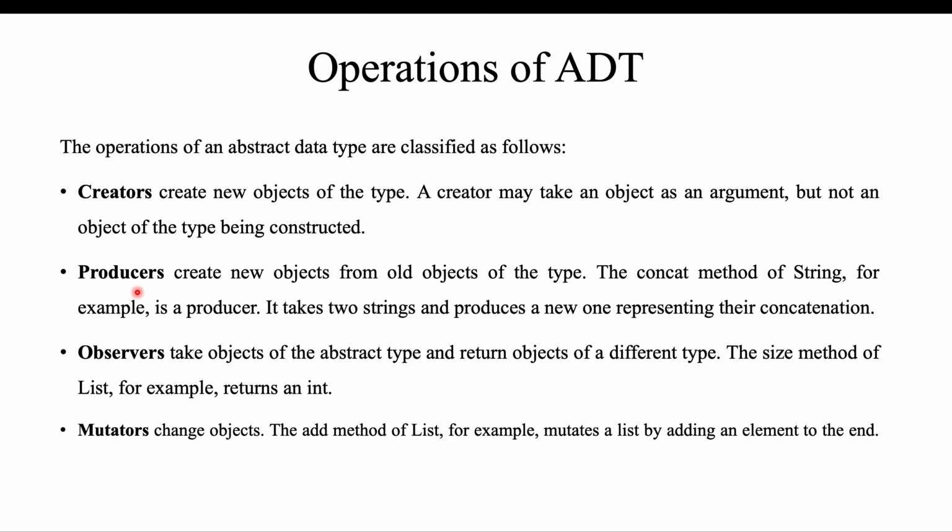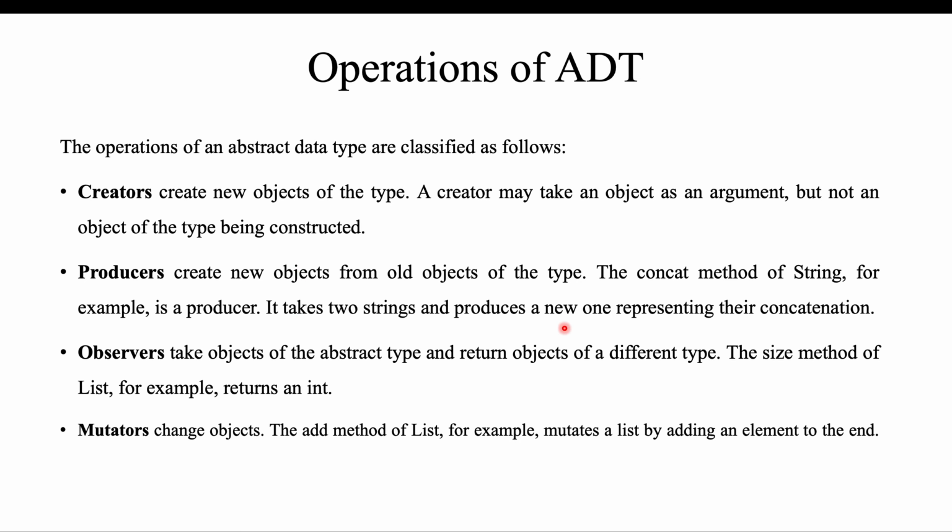The next one is the producer. Producers create new objects from old objects of the type, and the concat method of string, for example, is a producer.